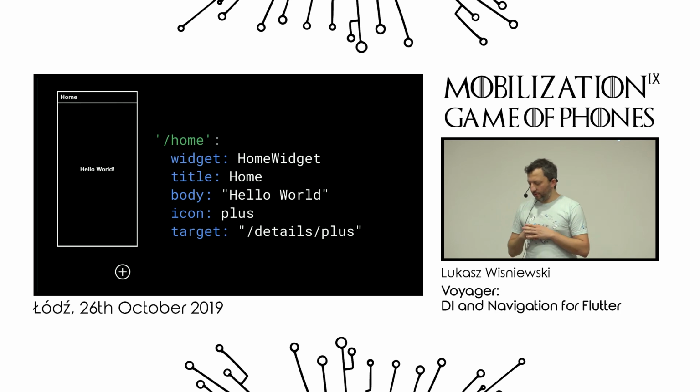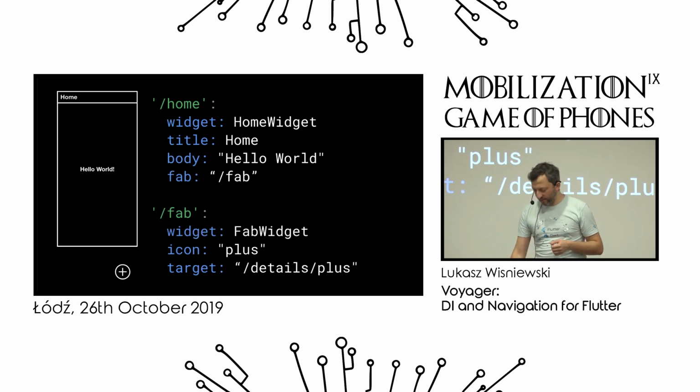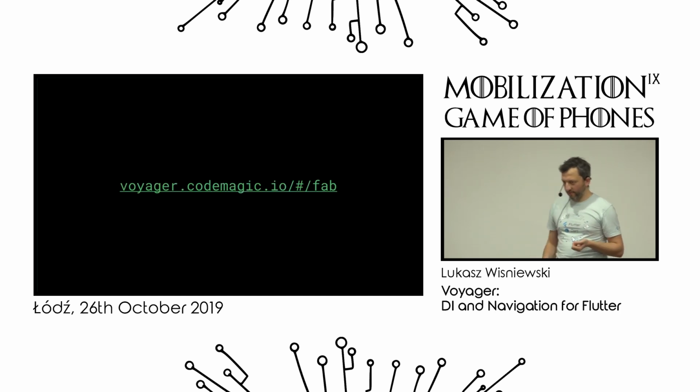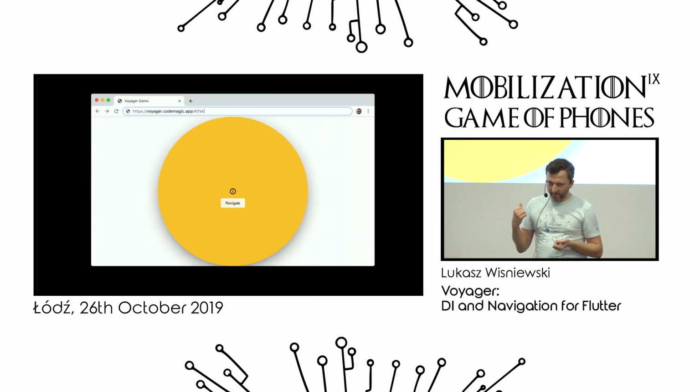In Voyager, you can actually map it to a separate path. And now this makes your thing more reusable. If you don't believe me, it actually works. You can check out this address online. It does look a bit ridiculous. Just proving a point here.